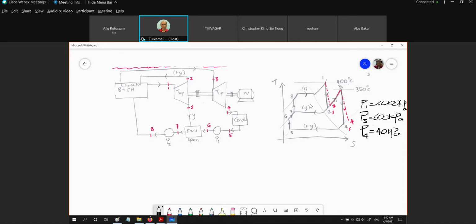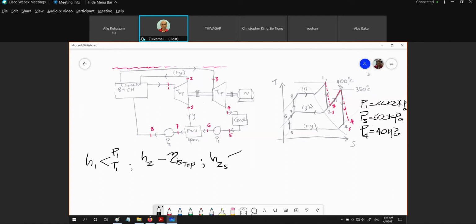So how to get H1? To get H1, we are going to base on P1 and T1. How to get H2? The H2 we are going to get from the isentropic efficiency for the high pressure turbine. And before that, in order to get H2, we need to get H2S.